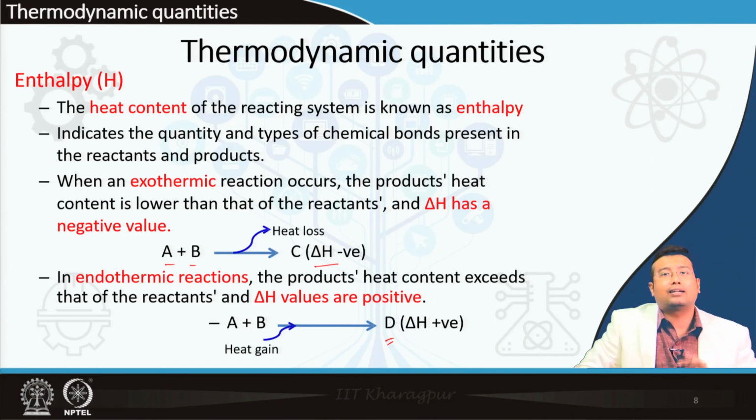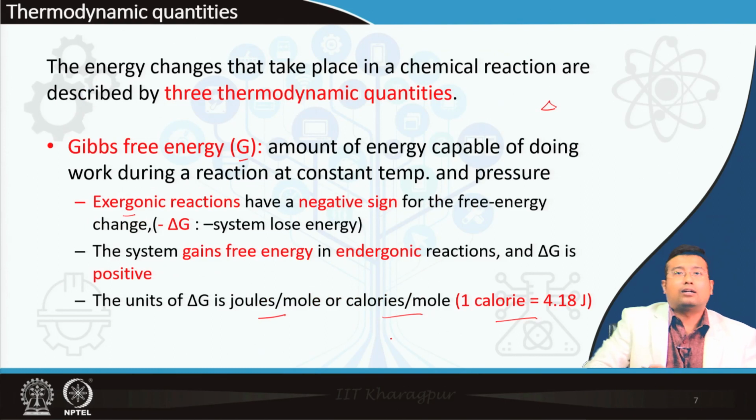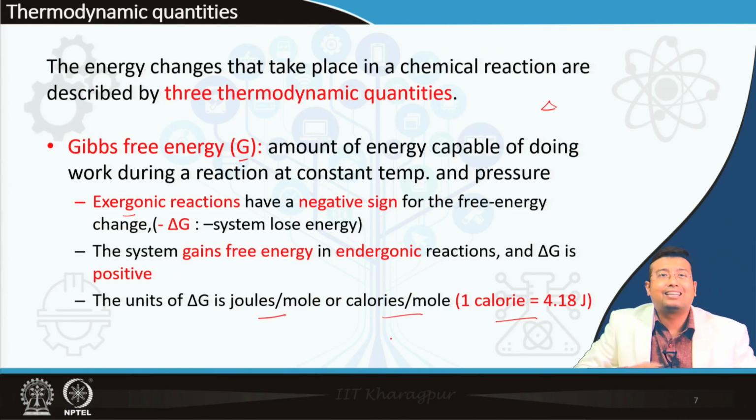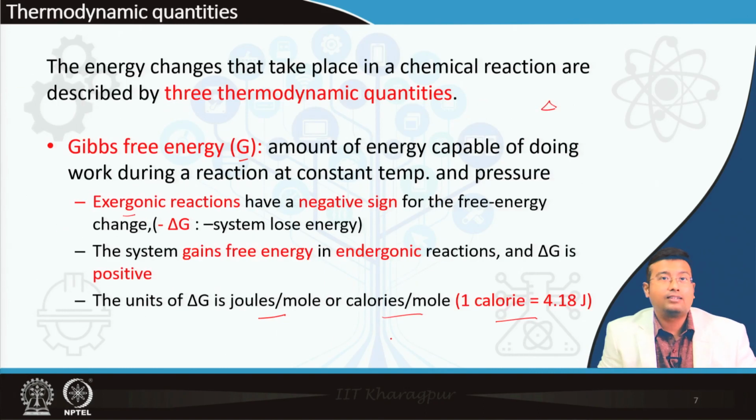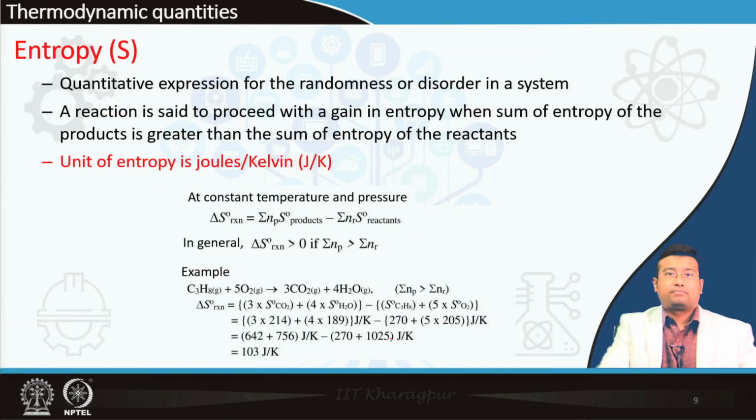This type of reaction is known as an endothermic reaction, and the delta H change is positive. So again, in contrast with the last slide, where in exergonic the delta G was negative, in exothermic delta H is negative. Thermo means heat, related to temperature. Okay. So this is the concept of Gibbs free energy and enthalpy.